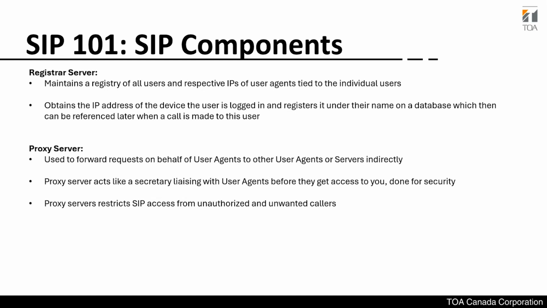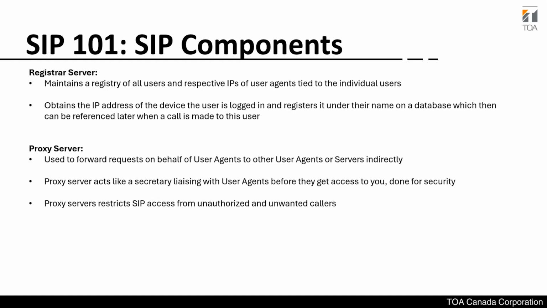It also obtains the IP address of the device the user is logged in on and registers it under their name in a database, which can be referenced later when a call is made to the user. So again, you will need to create an account for each device and register it on the SIP server, so the SIP server knows the extension number or the domain name and the database of users it needs to facilitate.